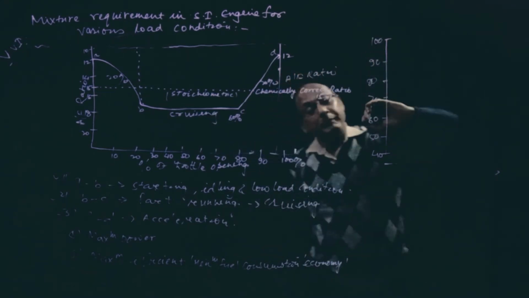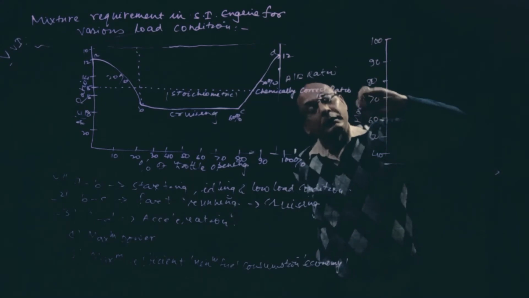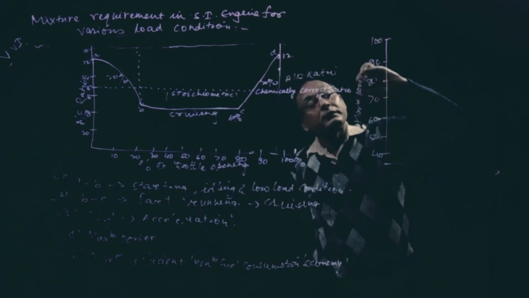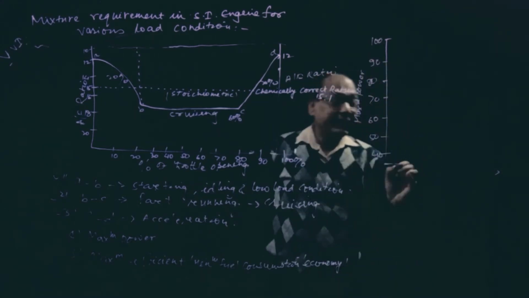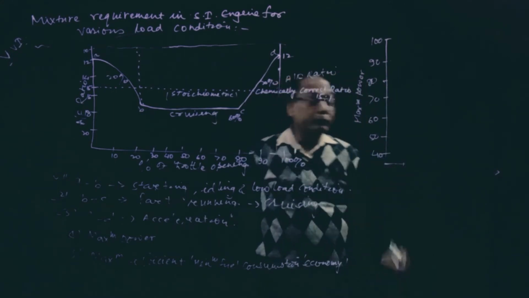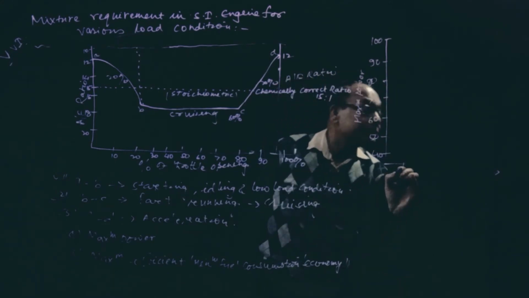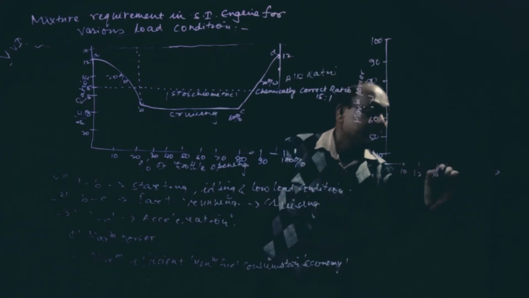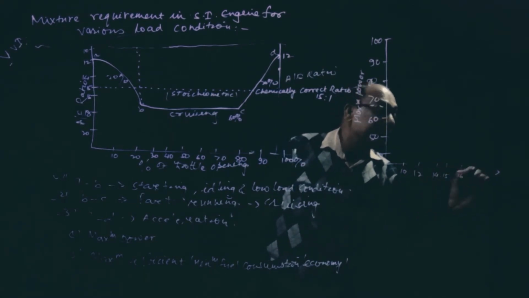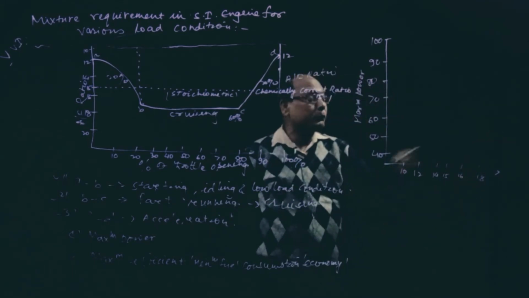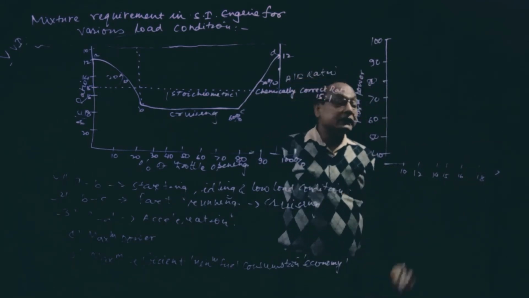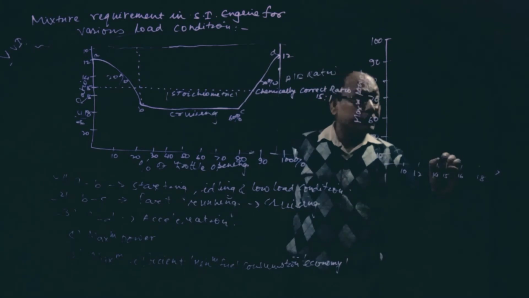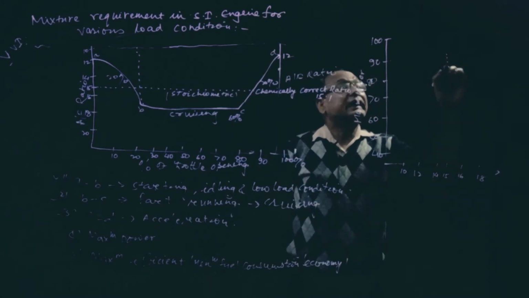That is maximum power, and here is air fuel ratio. So let us take it once again here: 10, 12, 14, this is 15, then 16, then 18. We cannot go beyond that, because this is our stoichiometric ratio 15, that is chemically correct.